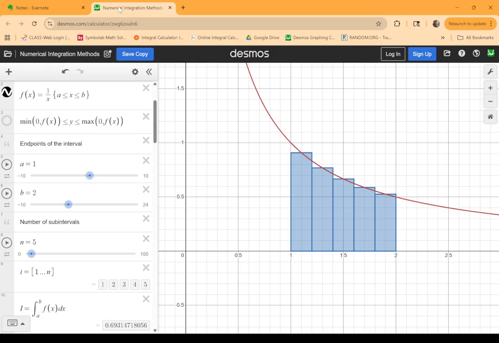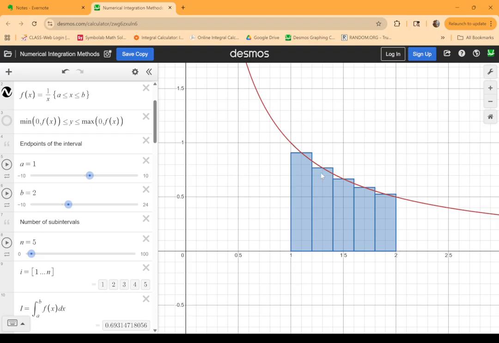Now here is a Desmos setup where we can show you with a bit more clarity than the picture that I had going here, right? So here's our function 1 over x. You see the curve here, and I'm interested in the interval between 1 and 2, as we see here.